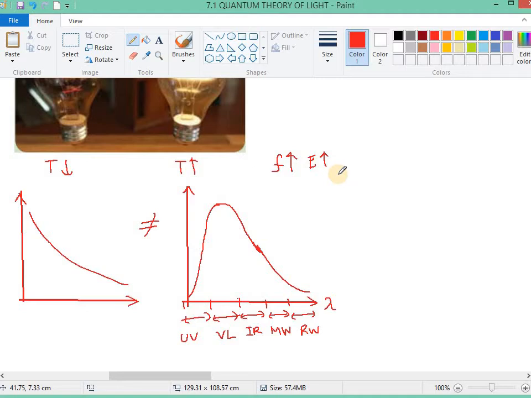You should get more energy at higher frequency. But in reality, that is not the case. Even though the temperature increased until very, very high, the amount of energy at very high frequency, ultraviolet and above, will be very low. It will drop very fast.